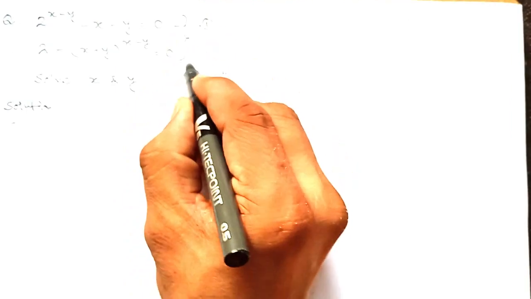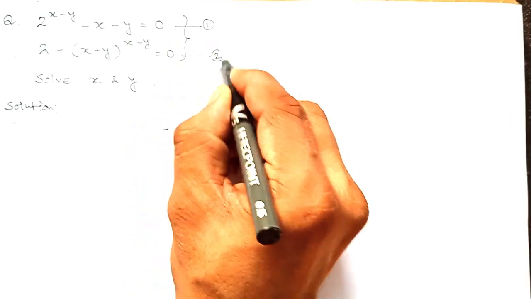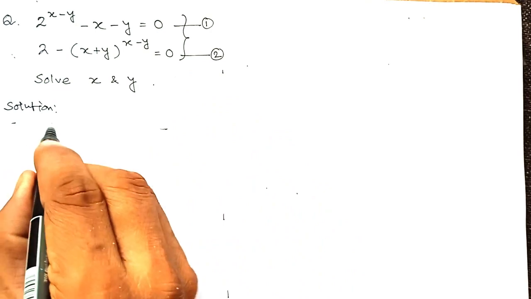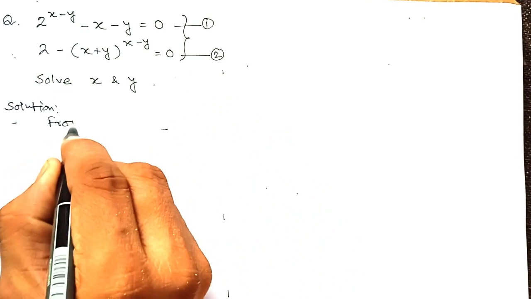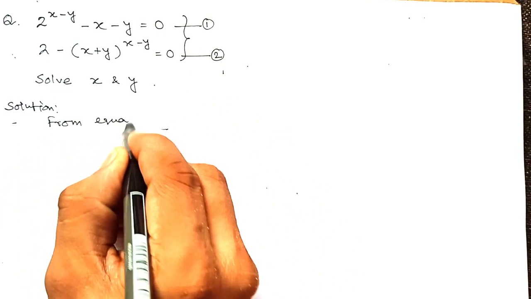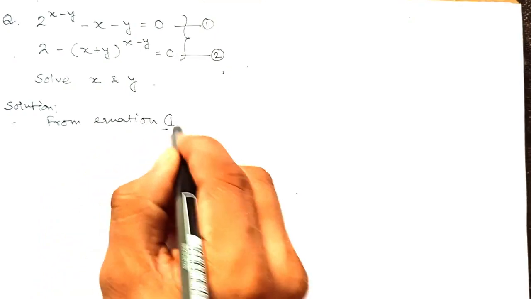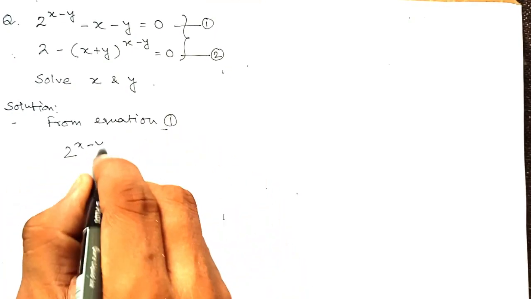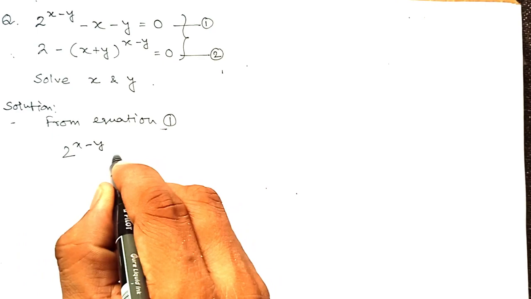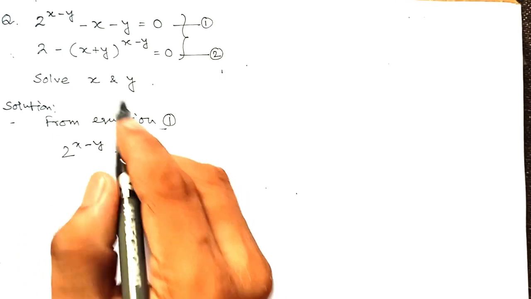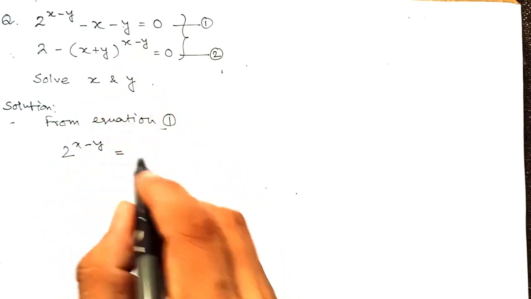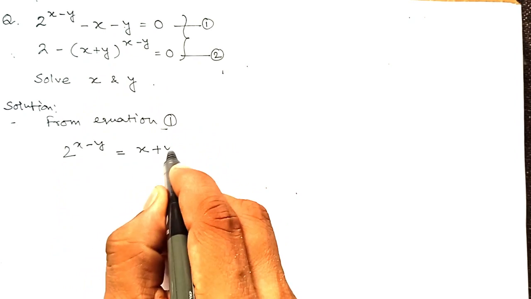From the first equation, if we number this one as equation 1 and this one as equation 2, from the first equation we get 2 to the power x minus y is equal to, we will take this x and y to the right hand side of the equation.